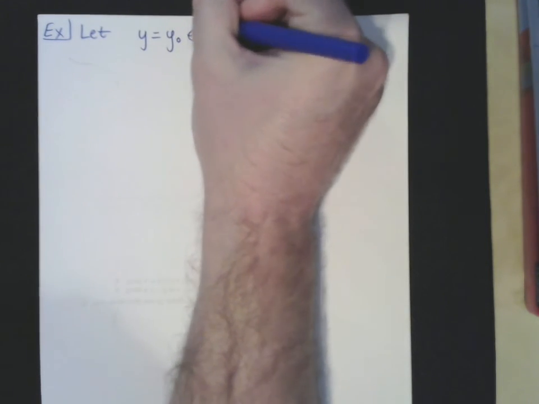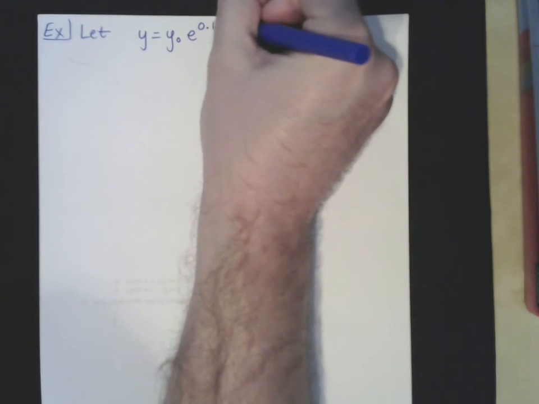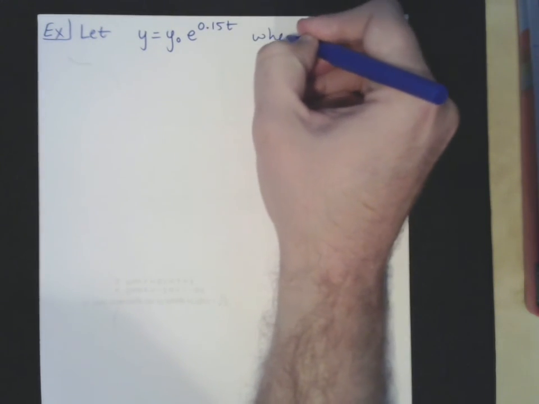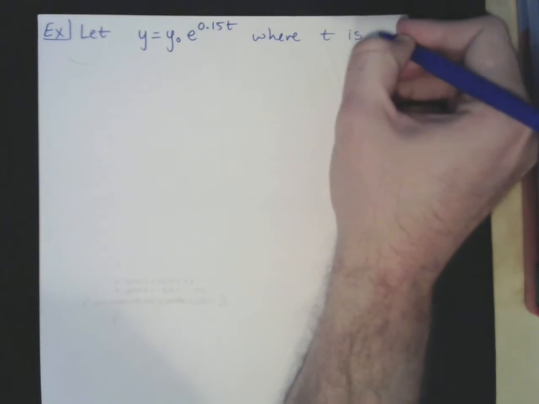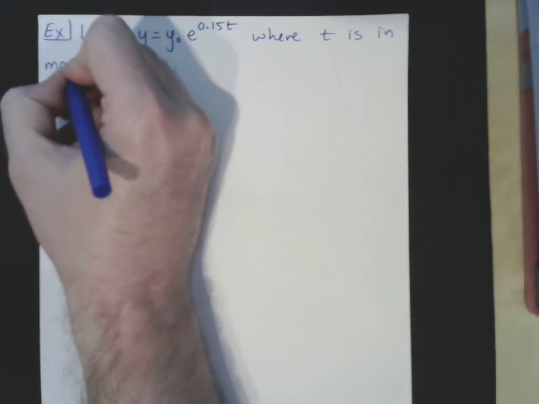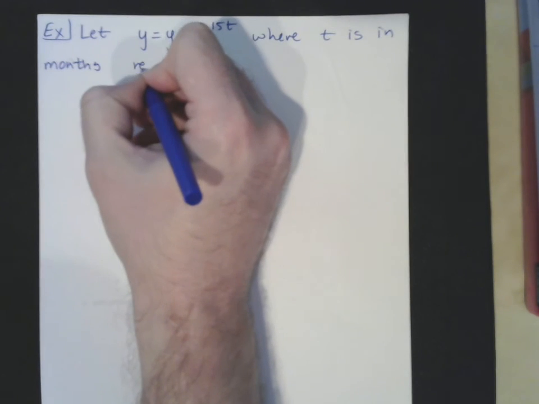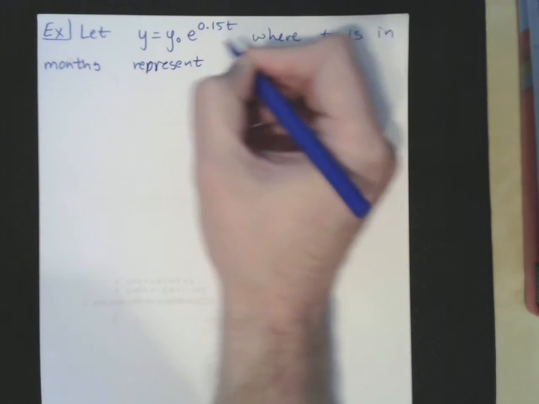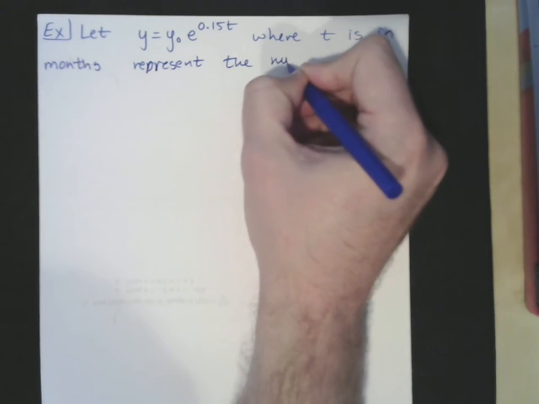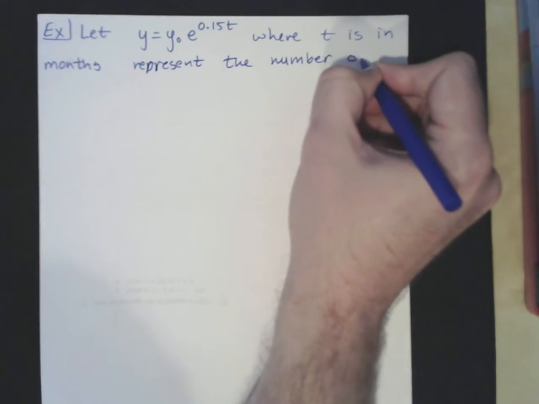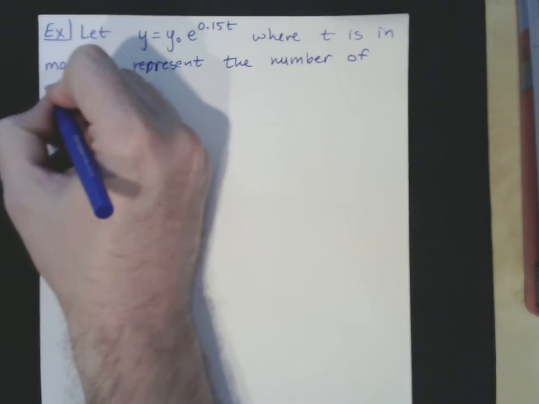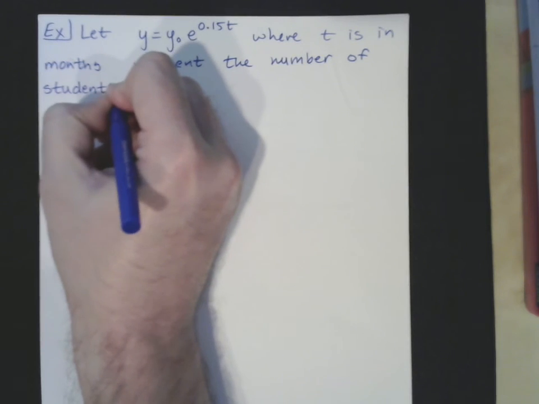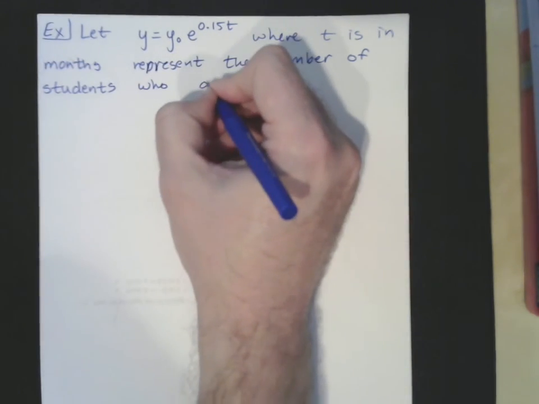We are going to let y equals y naught e to the 0.15t, where t is in months, represent the number of students who don't like math.